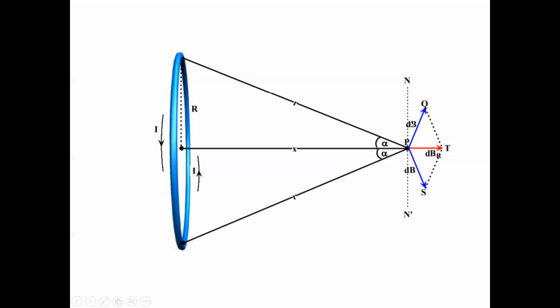So the total angle is equal to 180 at the point P. Now this small portion is alpha, this small portion is alpha. Now 180 minus these two alphas gives the value of this portion, that is angle QPS.